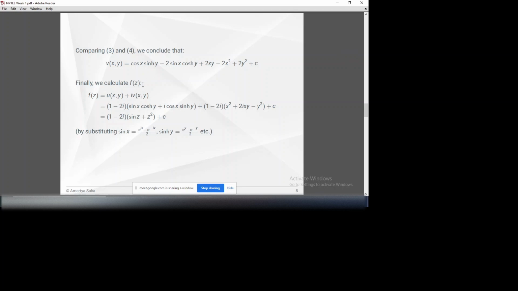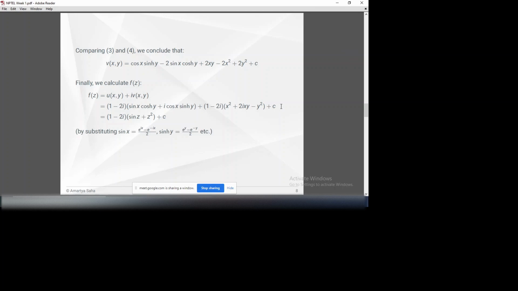So now we would like to calculate the actual complex function f(z). So this is u(x) plus i v(y), and okay, I have jumped several steps, but this is nothing but straightforward algebra. Just take things common and you will find the second step.